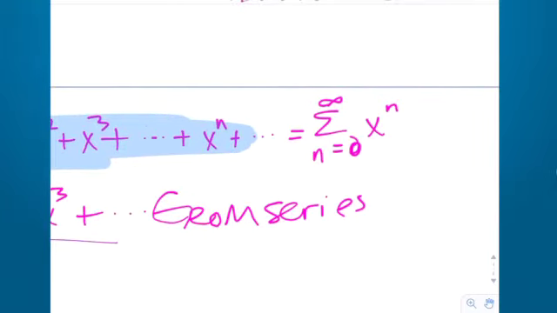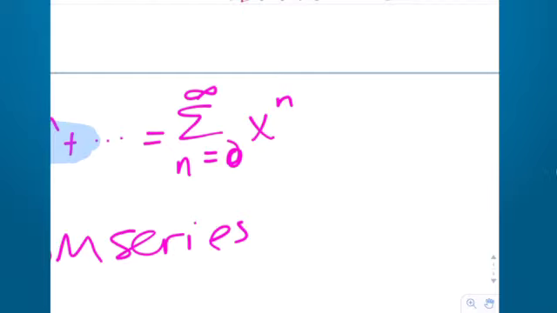This is going to converge. Think about x as being the ratio. If I called that r instead of x, it would be a geometric series, right? It's basically something to a power of n. And I know that this is going to converge when the absolute value of the ratio is what? Less than 1, okay? So you can think of this as a geometric series with the absolute value of x being the ratio.